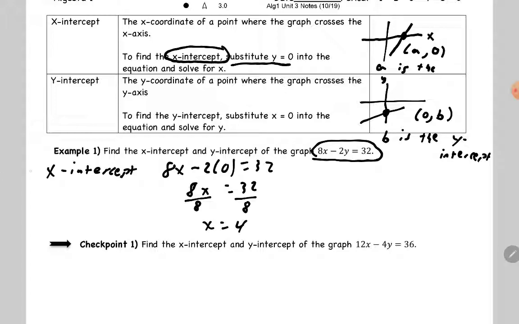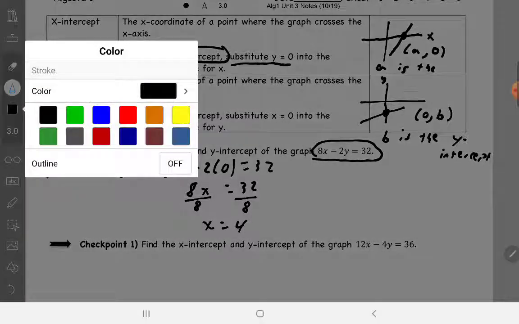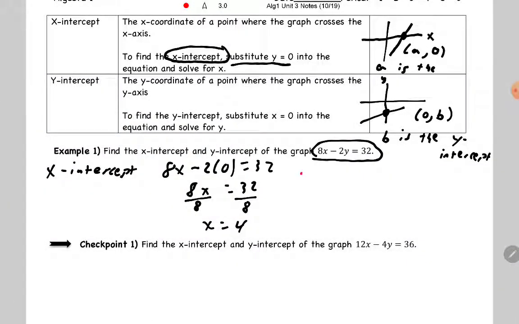The y-intercept. So just like the x-intercept, instead of setting y equals 0, we set x equal to 0. 8 times 0 minus 2y equals 32. So I got 0 minus 2y equals 32.